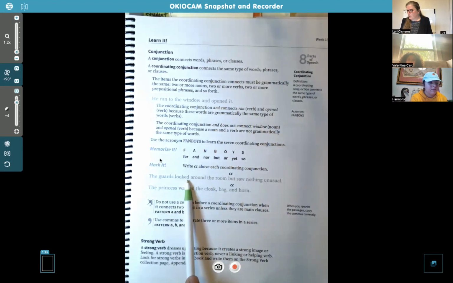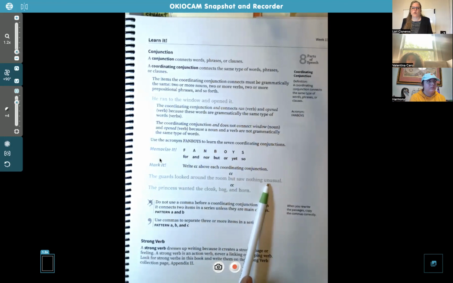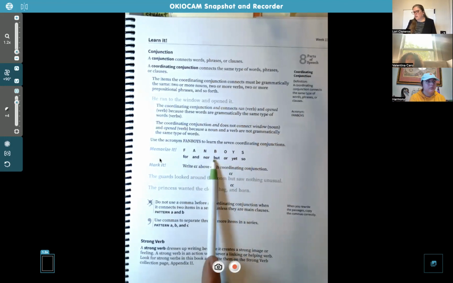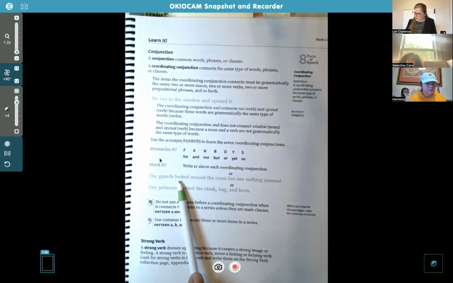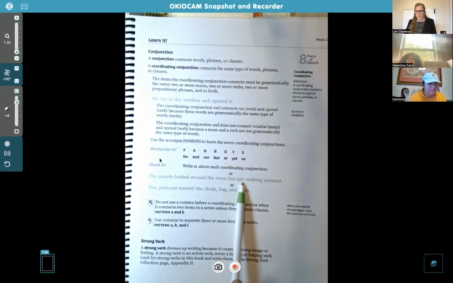So that's how you label them in the book now. The guards looked around the room, but saw nothing unusual. So, but, see how it's here for but, that's a coordinating conjunction. And in this sentence, it's connecting the two verbs, looked and saw. Those are both verbs, and they use but in the middle as a coordinating conjunction.